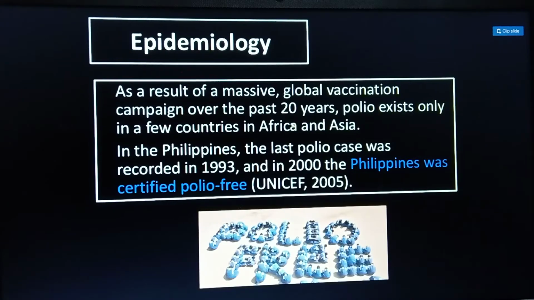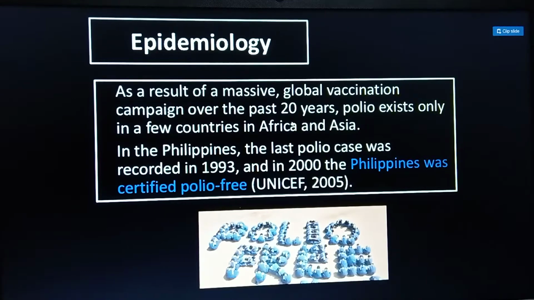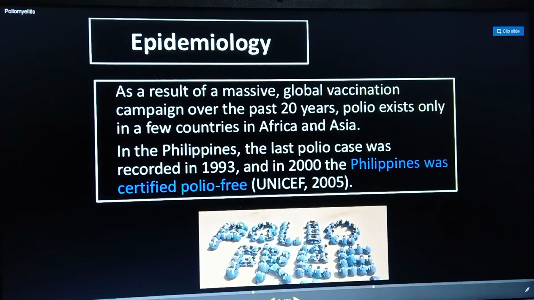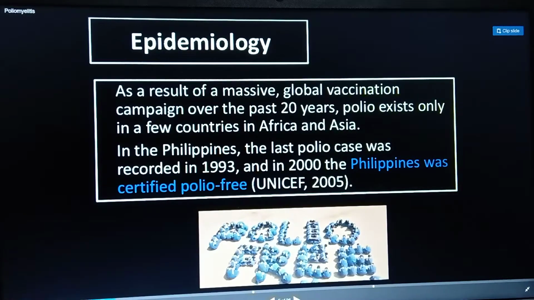Over the past 20 years, only a few countries are still affected, but in Africa and Asian countries polio still exists. The last polio case was recorded in the Philippines, and UNICEF has now eradicated the polio virus. But still the vaccinations are going on, including polio vaccines.